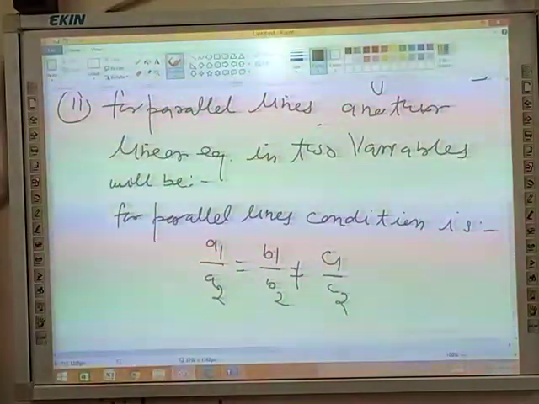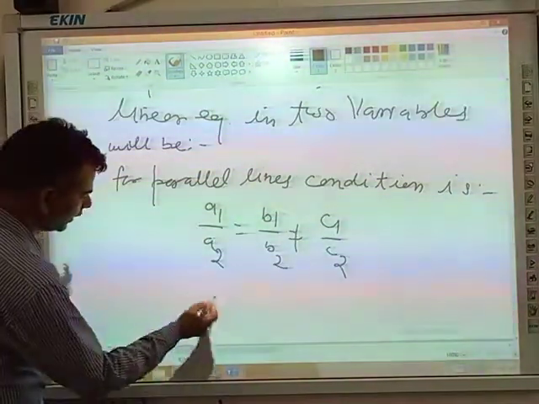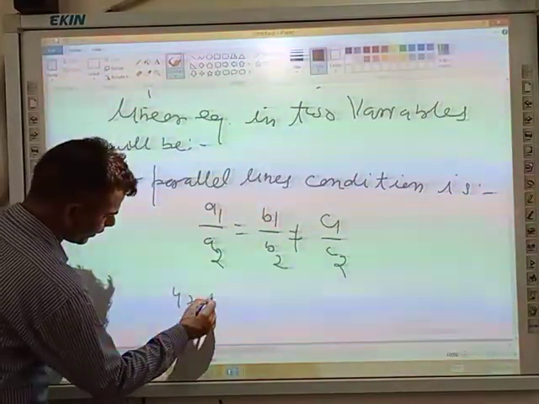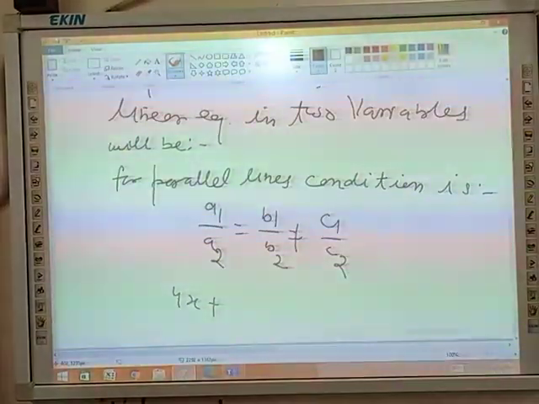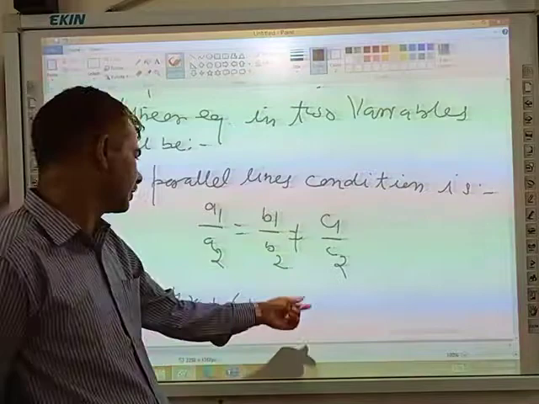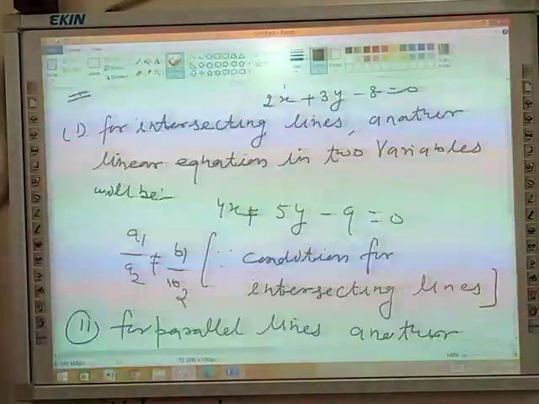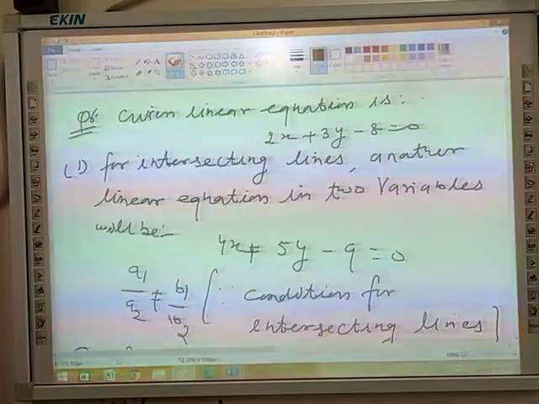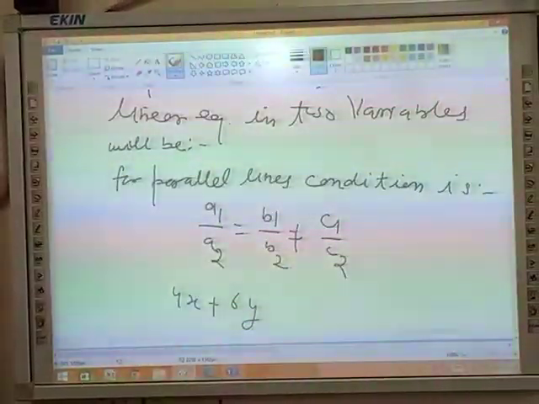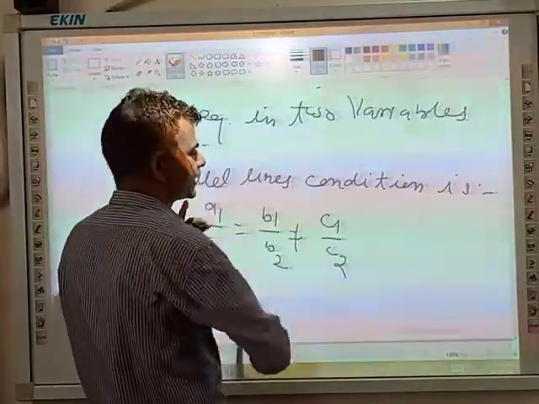Now you will make A1 by A2 equal to 2x, another will be 4x, next will be 6y, and that will not be equal to minus 8, so C2 should not be minus 16.